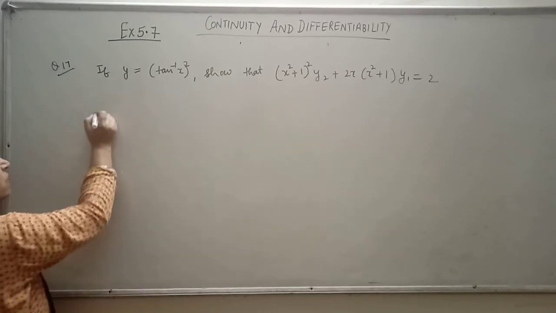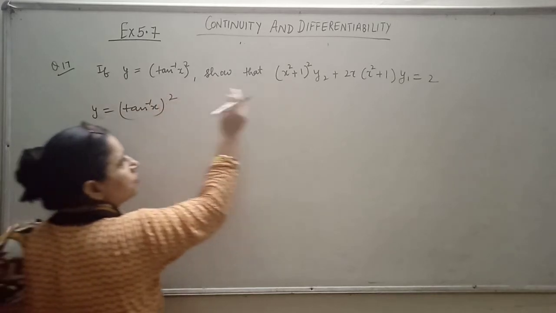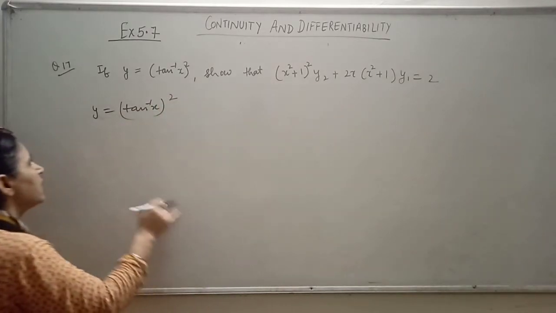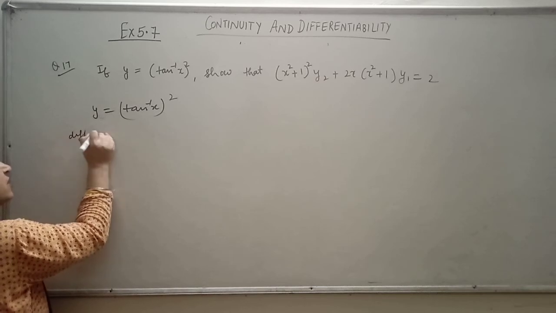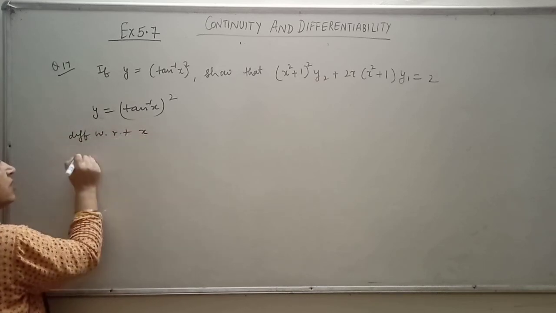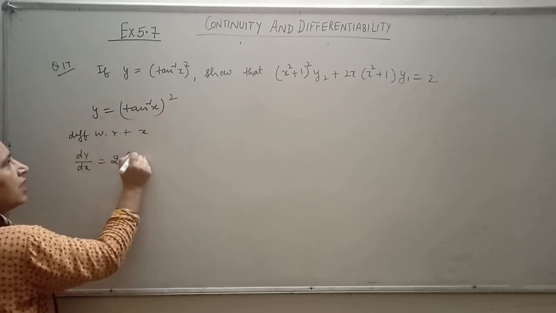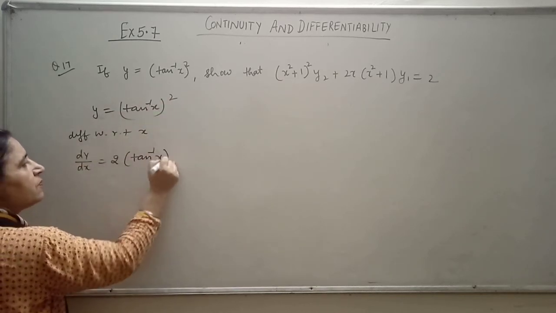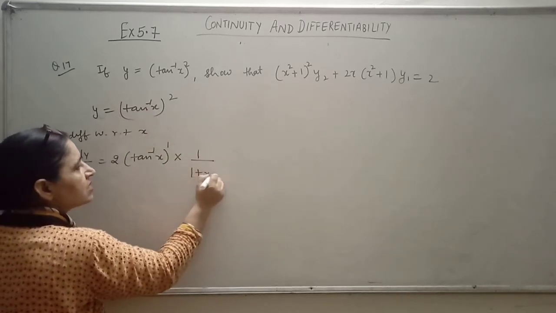Yes. So y is equal to tan inverse x raised to power 2 and we have to bring this expression, this equality. We have to prove this. So differentiating it with respect to x, it becomes dy by dx, the power 2 comes outside, tan inverse x, and its power reduces by 1, into the derivative of this, 1 upon 1 plus x square.